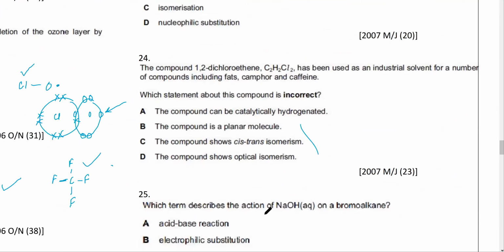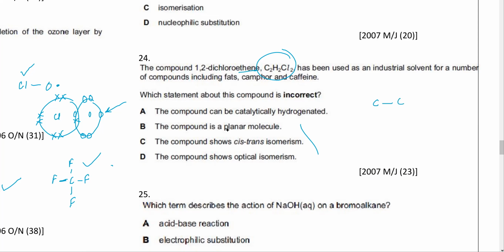Then there is the compound 1,2-dichloroethane C2H2Cl2 has been used as an industrial solvent for a number of compounds, including fats, camphor, and caffeine. Which statement by the Scottish compound is incorrect? The compound can be catalytically hydrogenated. Incorrect वो कह रहा है. अच्छा, first thing, look at this molecule. उसने कहा है कि, I mean, the two carbon atoms. और ethene है.